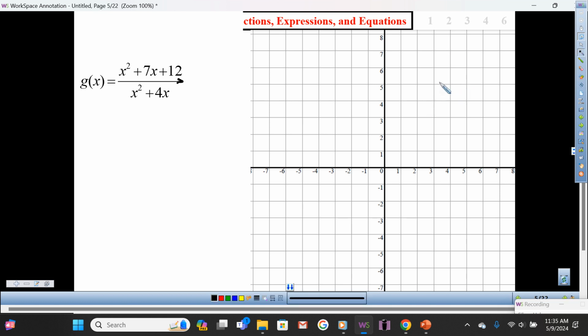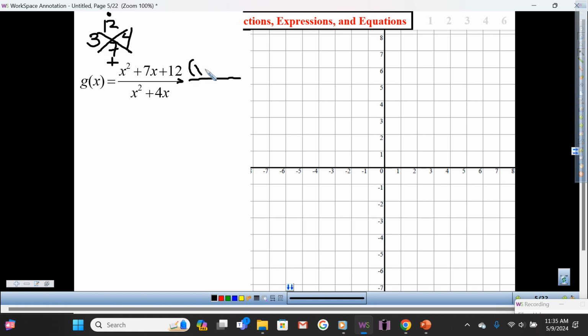Jaden? Oh, Jane. What do we do first? Close. Yeah. Factor. So we got 12 and 7. Jay, what factors of 12 add up to 7? 3 and 4.